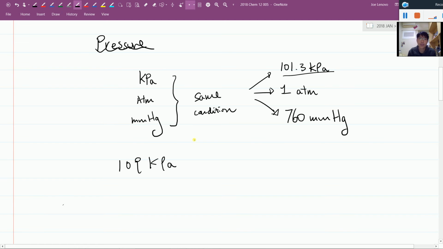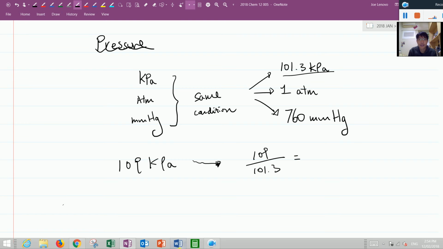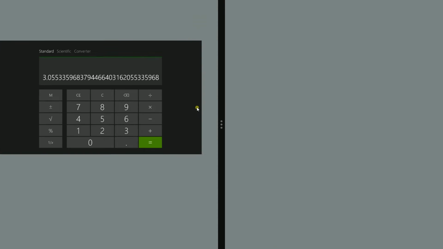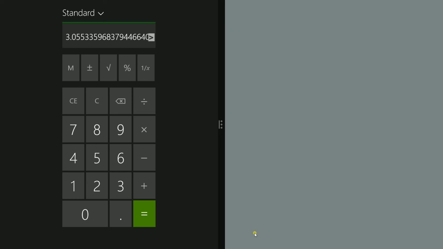So what do you do? You can change that by saying 109 divided by 101.3, and you should have that straight away. Easier to do that.